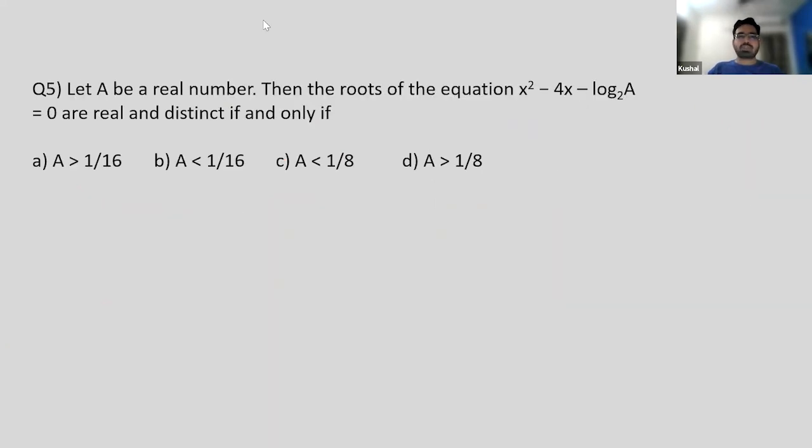Take your time, a minute's time to solve this. Last 20 seconds.